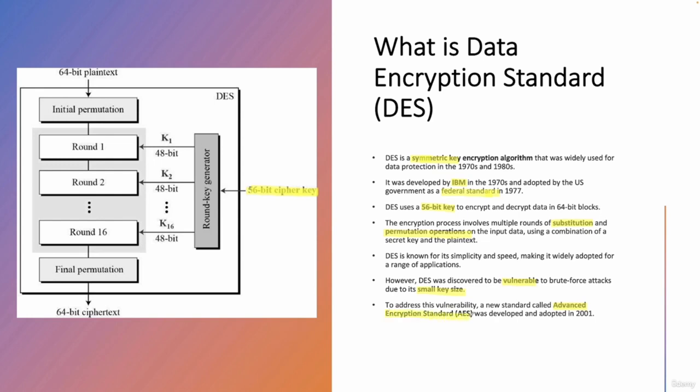AES is called Advanced Encryption Standard, and it was developed and adopted in 2001. So it's not been too long since AES has been there, almost more than a decade.